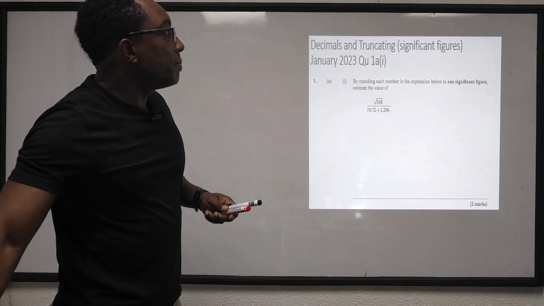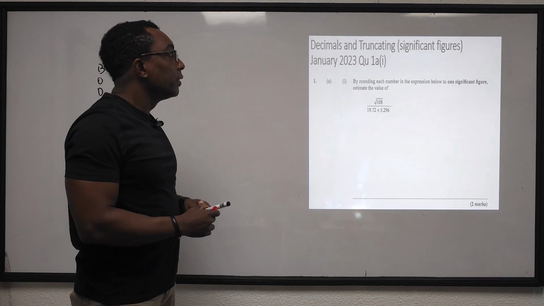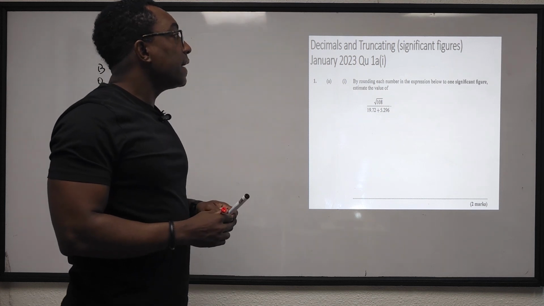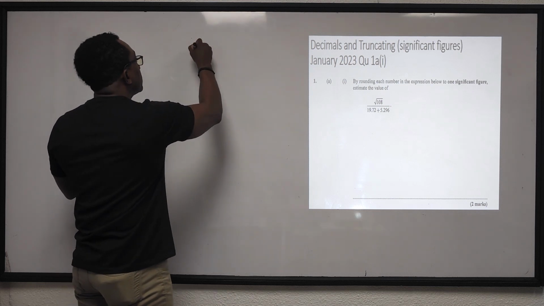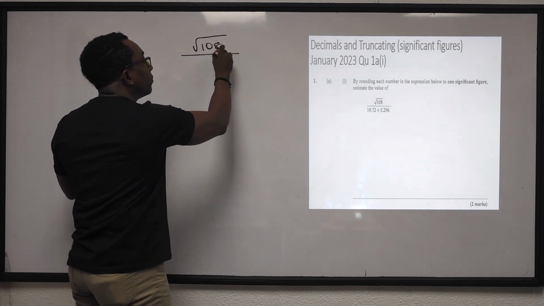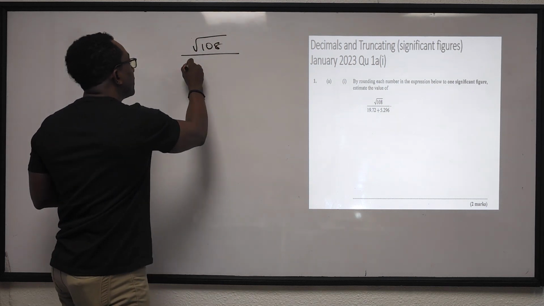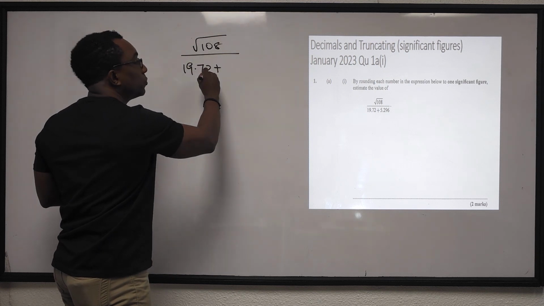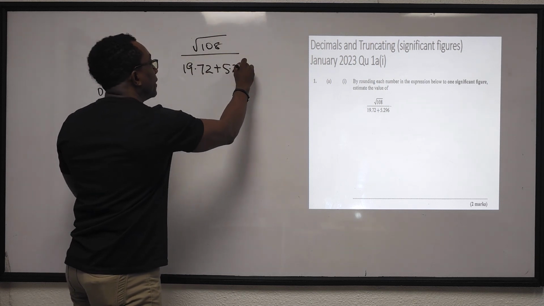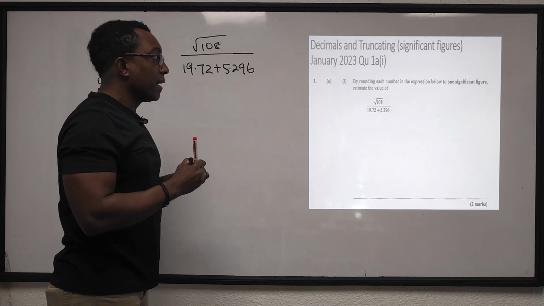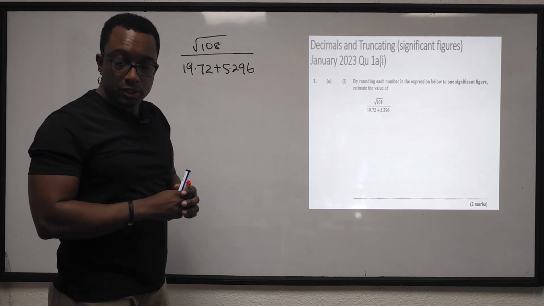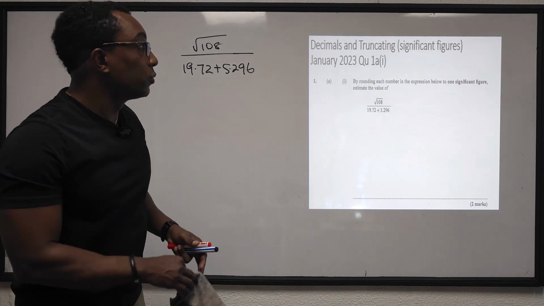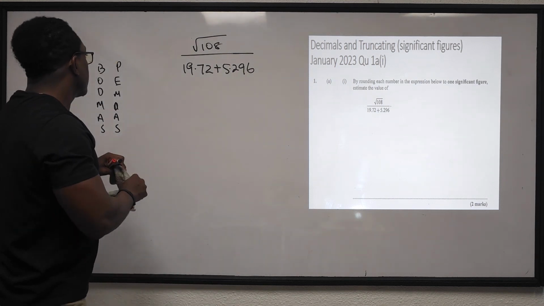By rounding each number in the expression below to one significant figure, estimate the value of the square root of 108 over 19.72 plus 5.296. So we have to round each number, correct, to one significant figure.